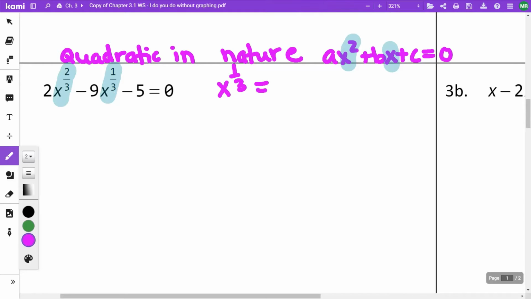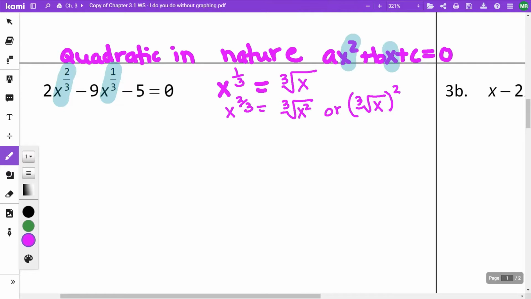First off, just to make sure everyone understands, if I have something raised to the 1/3, just so you remember this from Integrated 2, this is really a cube root. When I raise something to the 1/3, that is really a cube root. When I raise x to the 2/3, what I'm really doing is taking the cube root of x squared, or the cube root of x, and squaring that.